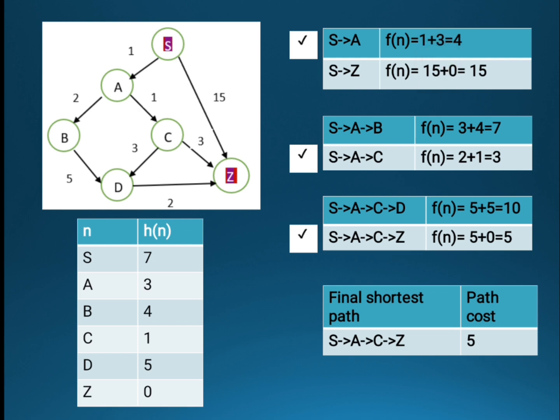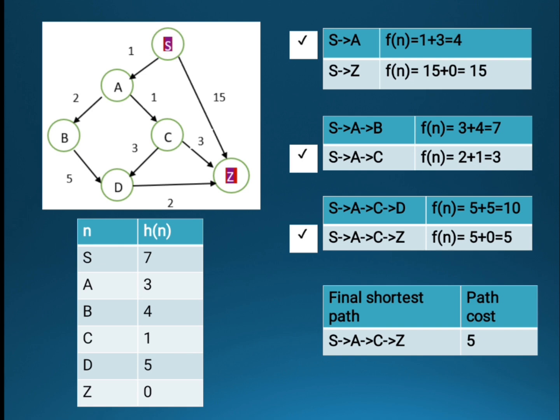The g of n value is the distance from the starting node to the current node. So g of n for A is 1, plus the h of n value from the table, which is 3. So 1 plus 3 is equal to 4. This is the f of n value for S to A.